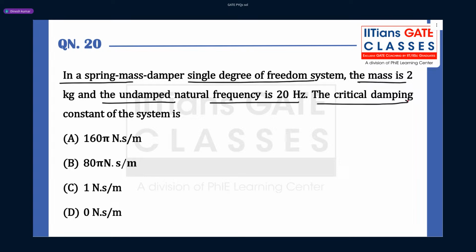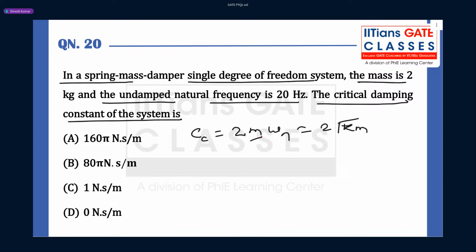The critical damping constant of the system is? So guys, we again know the critical damping constant Cc is given by 2m omega n, or it is given as 2 under root km.